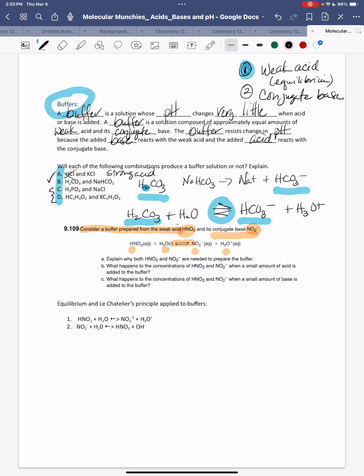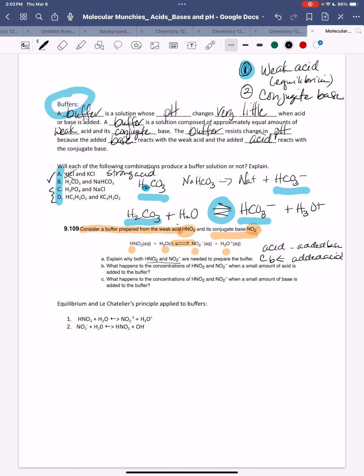To explain why we need both, we need the acid to react with added base, and we need the conjugate base to react with added acid. So it's necessary to have both species there so that they can respond if I add an acid or a base.